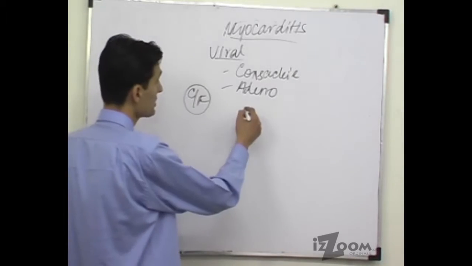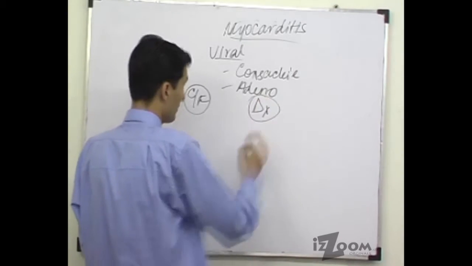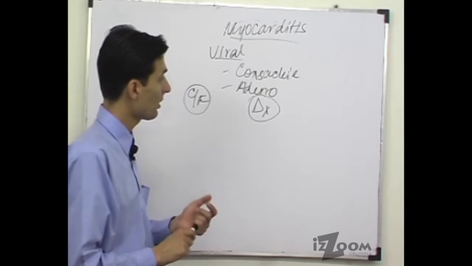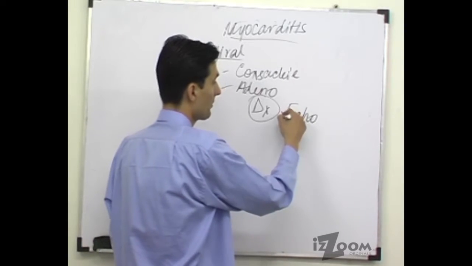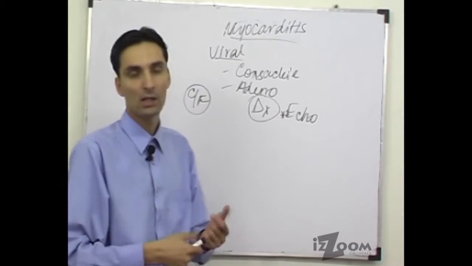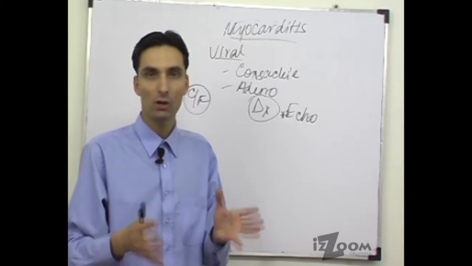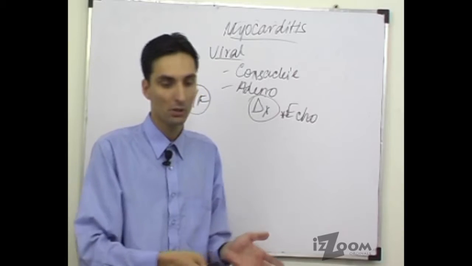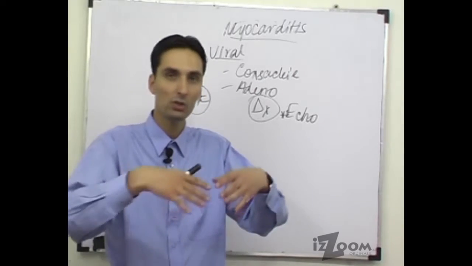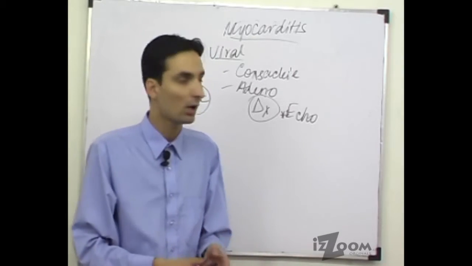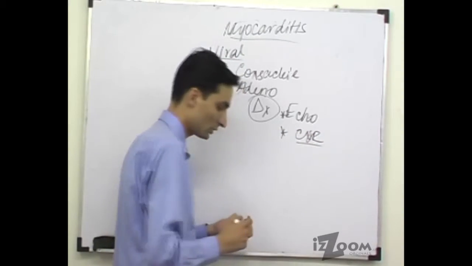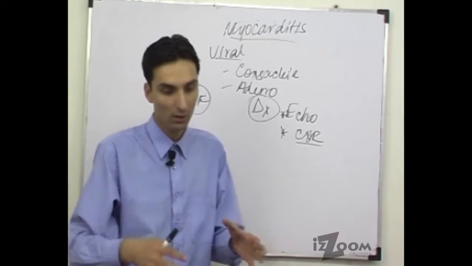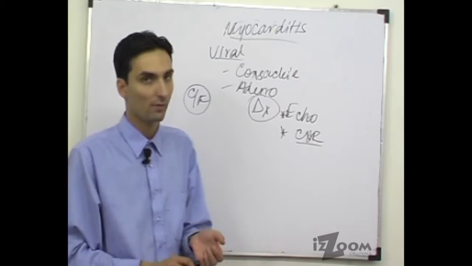What are the diagnostic tests that can be performed in these patients? Well, if you perform an echo, the echo will show globally decreased function of the heart. There is decreased left ventricular function, decreased right ventricular function, and the chambers of the heart are dilated. The same findings can be seen on a chest x-ray, which will show dilated chambers of the heart. Cardiomegaly will be observed in these patients.